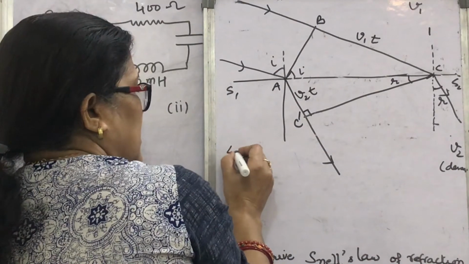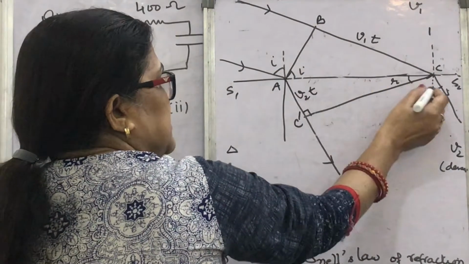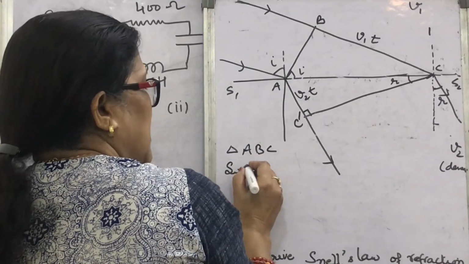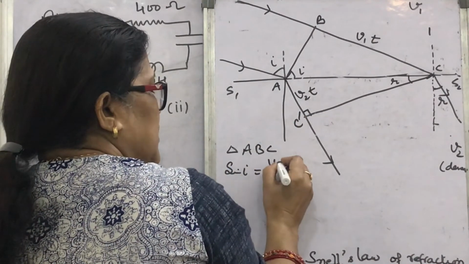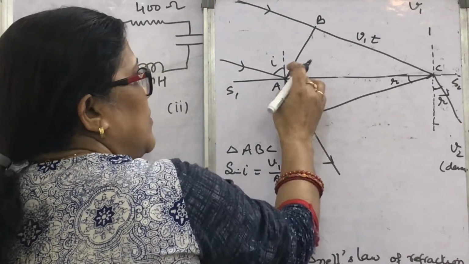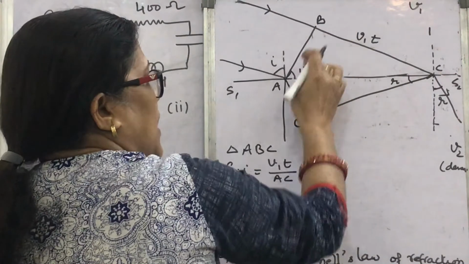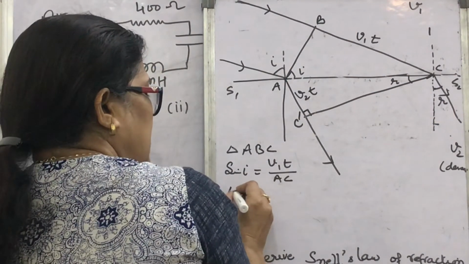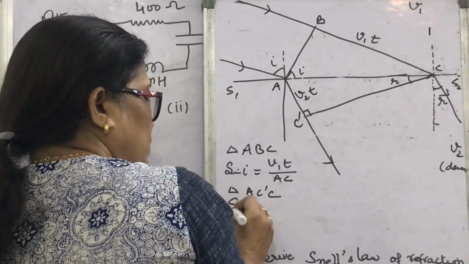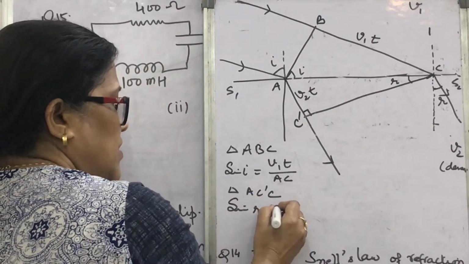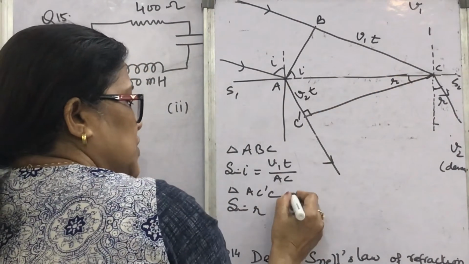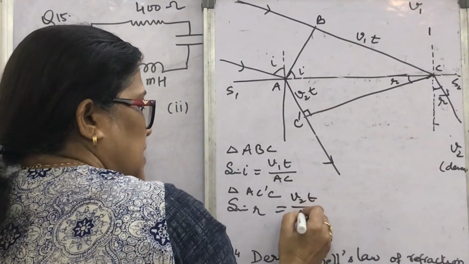Now, in the triangle ABC, if you write sine I, what will be sine I? This will be V1t upon AC. Look here, perpendicular upon hypotenuse. And in triangle AC dash C, what will you write for sine R? This is angle R, so this will be V2t upon AC.